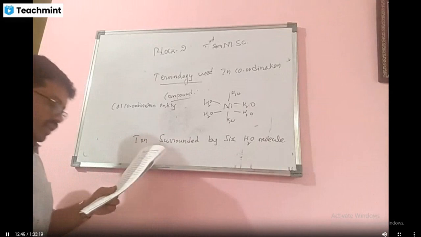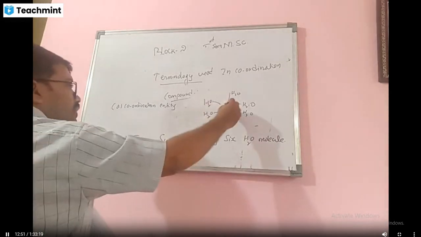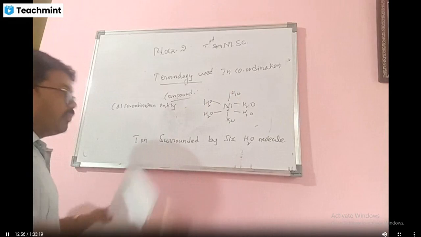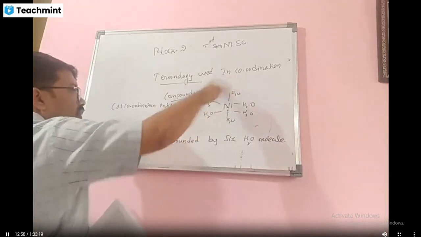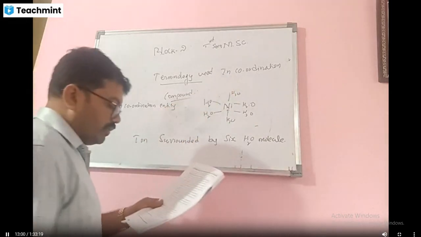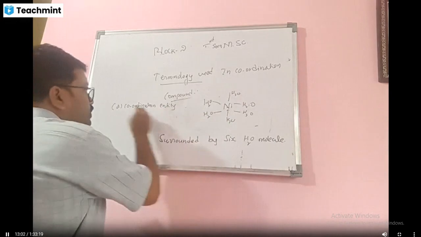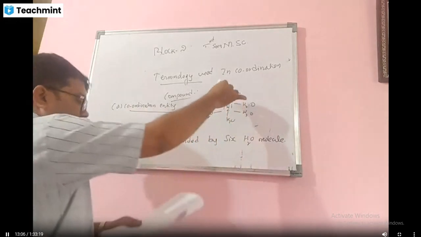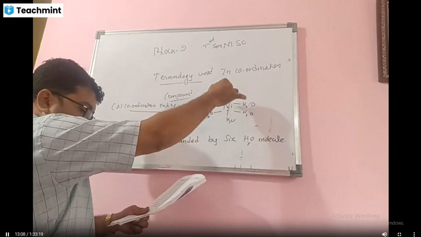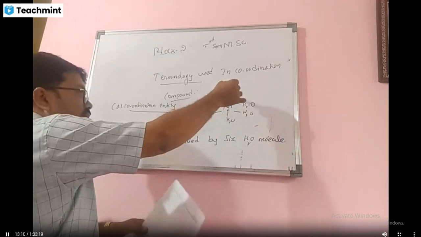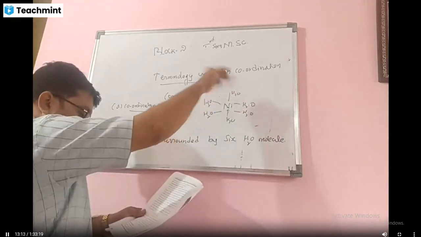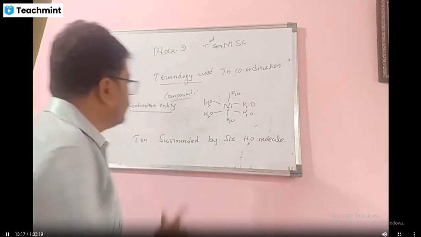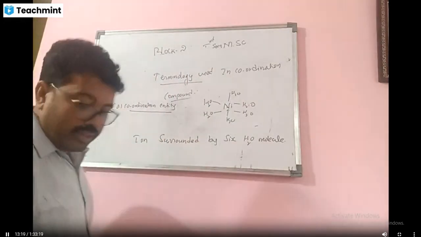The coordination entity constitutes a central metal atom or ion bonded to a fixed number of ions or molecules. A fixed number of ions or molecules bonded to a central metal is called a coordination entity.